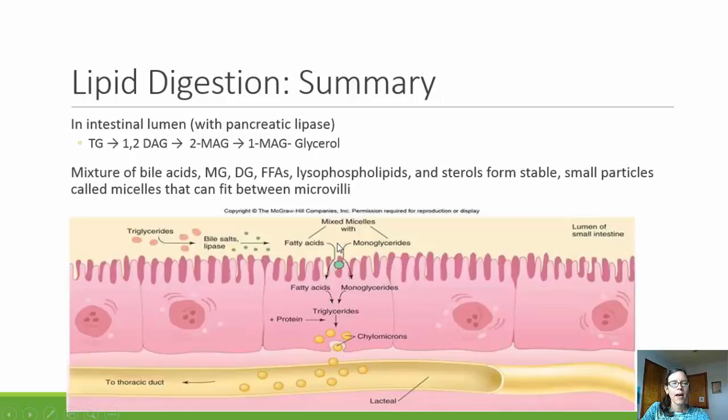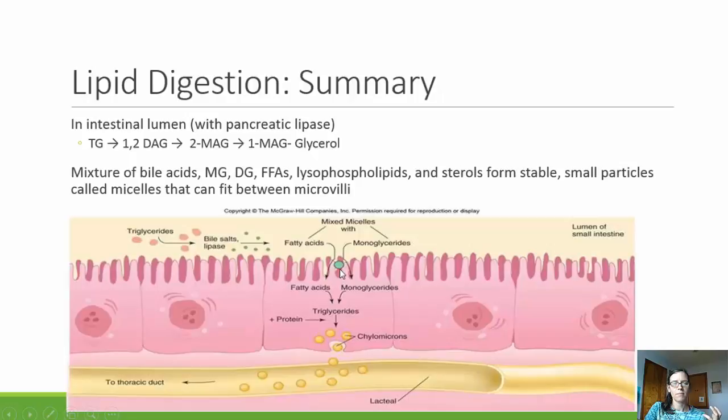These are then incorporated into these mixed micelles, and when they are incorporated into these mixed micelles, they can be absorbed through the brush border. And these micelles can fit in between the microvilli at the brush border. Once they go through the brush border, then they start to break up again.